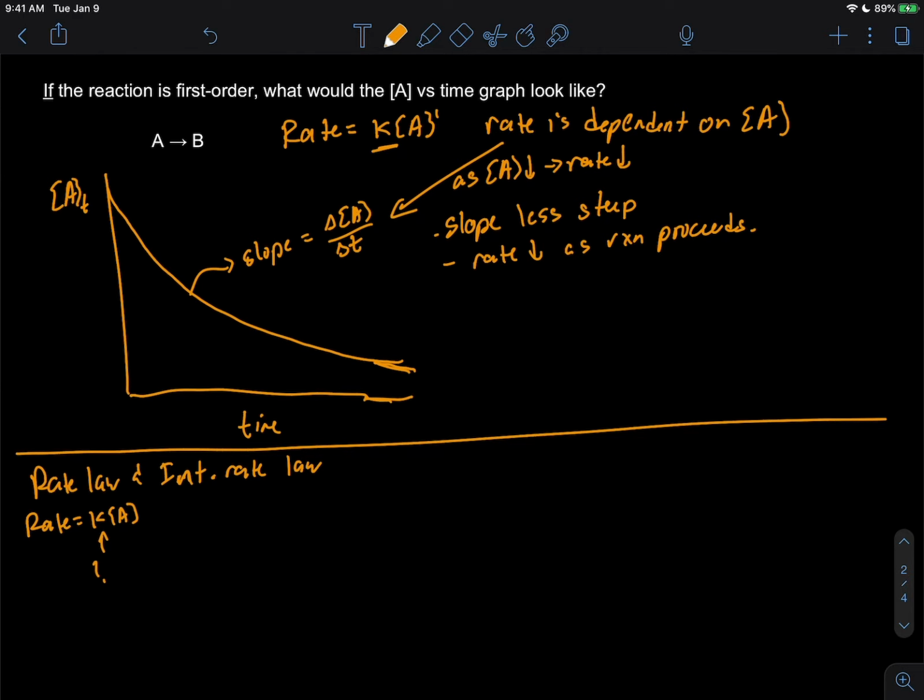And we also know that the natural log of the concentration of A at some time equals the natural log of the concentration of A originally minus kt.